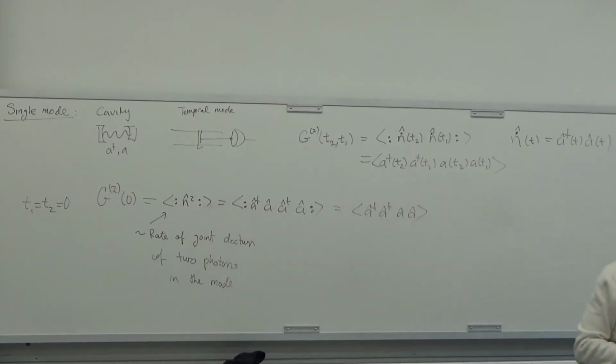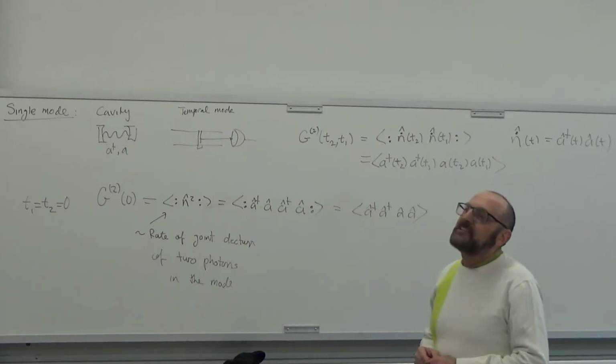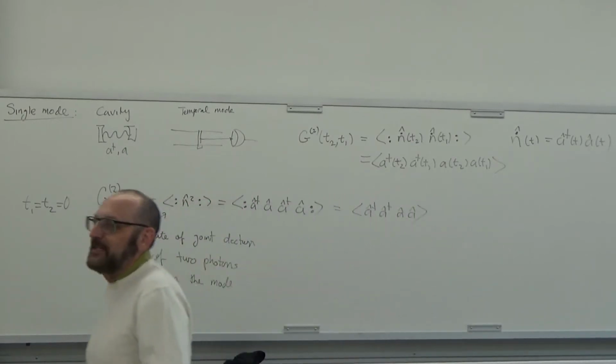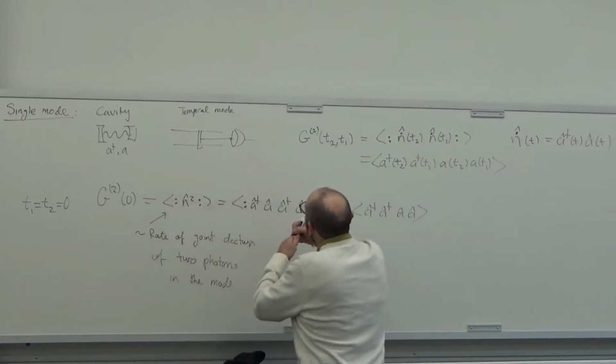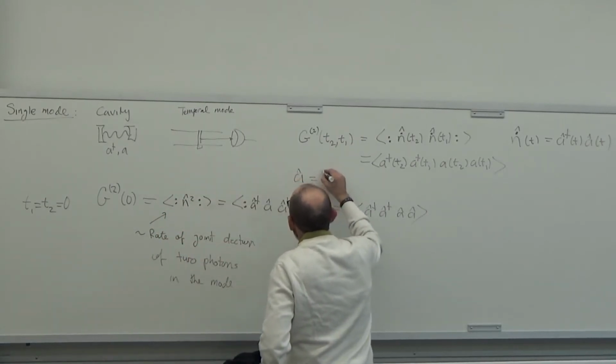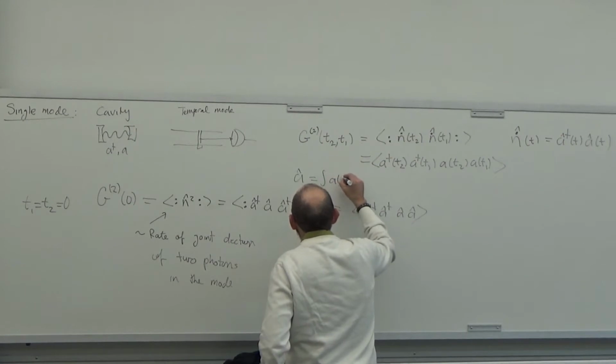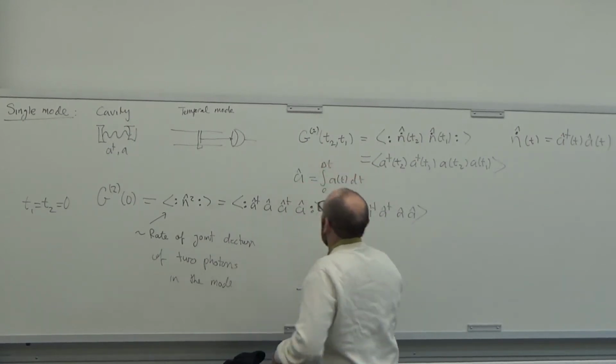Is that clear? Is that supposed to be an n dot? That's what I just slurred my speech about. It really should be, but I'm going to say A is the integral of A of t dt over a little time slice like that.